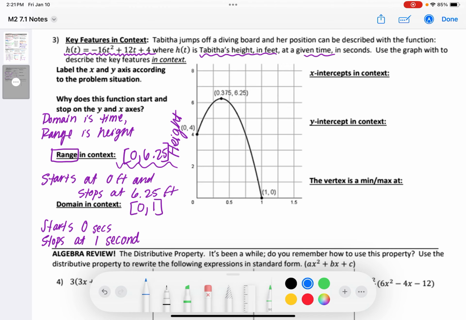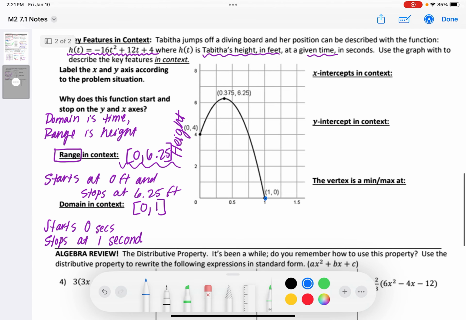And then the x-intercepts in context. Where the graph crosses the x-axis, it looks like it only crosses once: (1, 0). And then the y-intercept, where it crosses the y-axis, is right here, (0, 4).